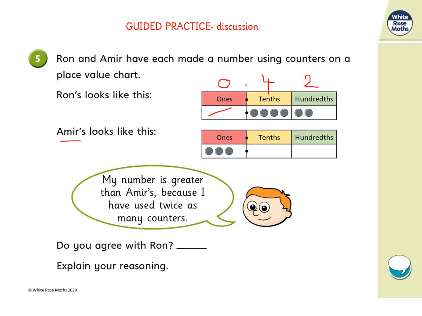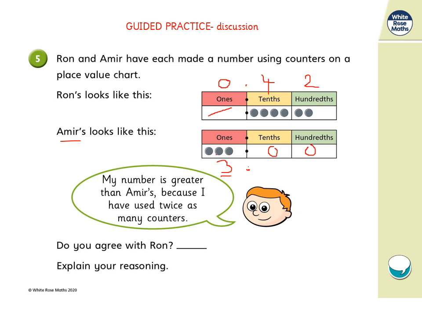And Mia's looks like this one here. She's got 3 ones and 0 tenths and 0 hundredths. So she's actually got the number 3. Now I don't need to put in placeholders here. I could do if I wanted to, but I don't need to because there is no other value in any of the smaller place value columns.